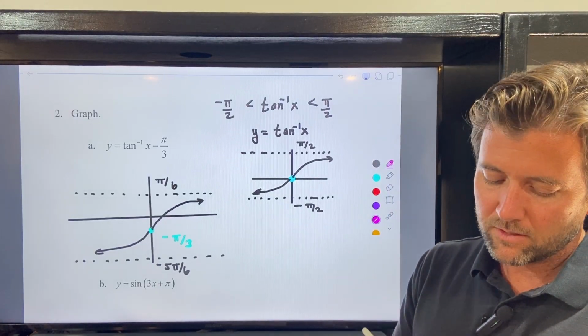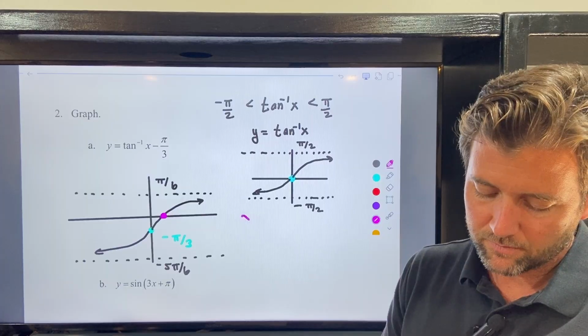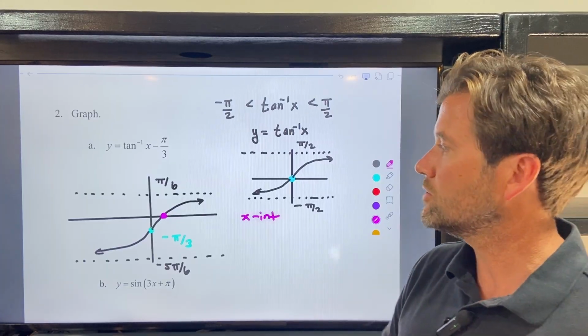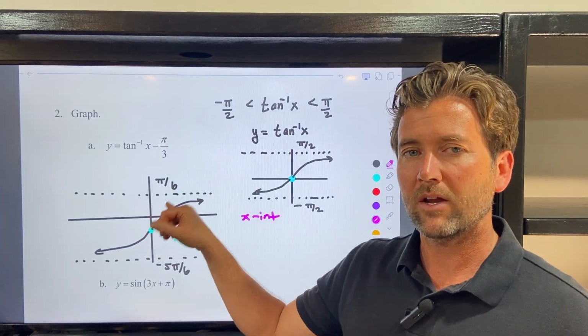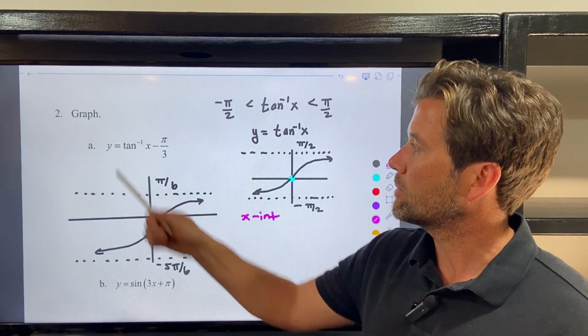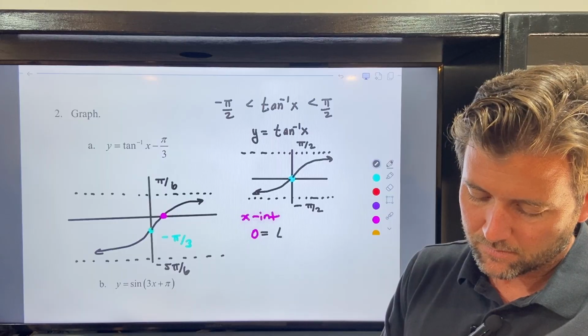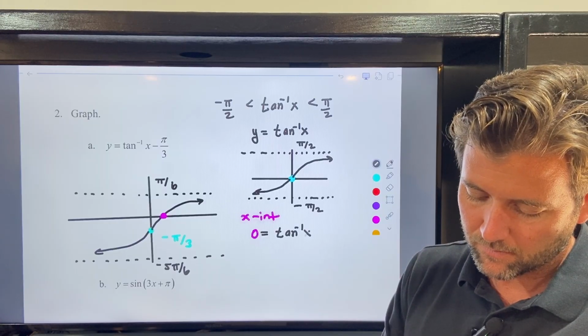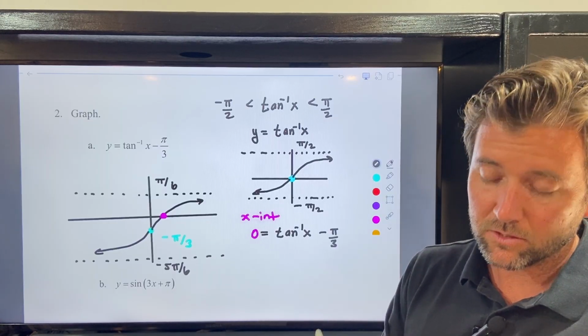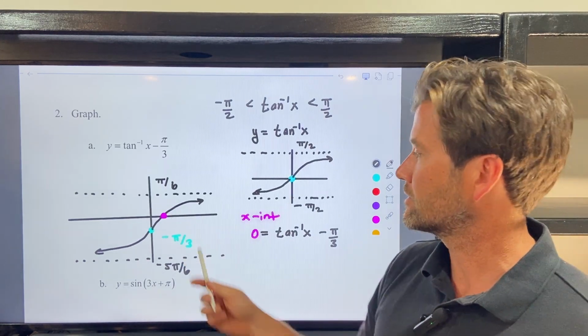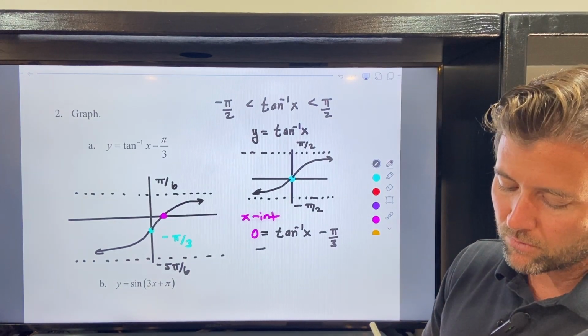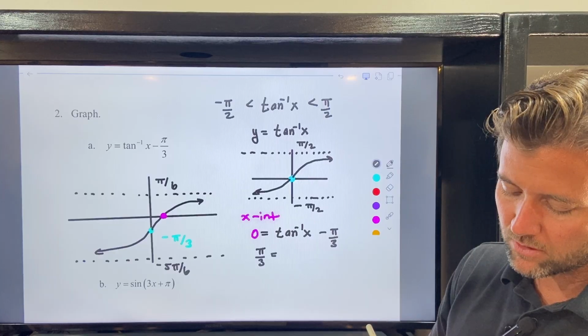Now I want to find this x-intercept. So you know this x-intercept has a y-coordinate of 0. So I'm going to plug in 0 for y. Now I want to solve for x. What is this x-intercept? So I'm going to add pi over 3 to both sides of the equation.